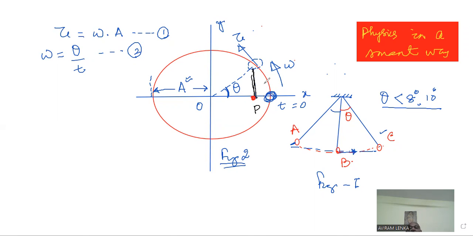So as the body goes on, we know the foot of the perpendicular slides along the x-axis towards the origin, and that happens till the body crosses the y-axis. When the body goes beyond the y-axis to the second quadrant, the foot of the perpendicular will slide away from the origin.